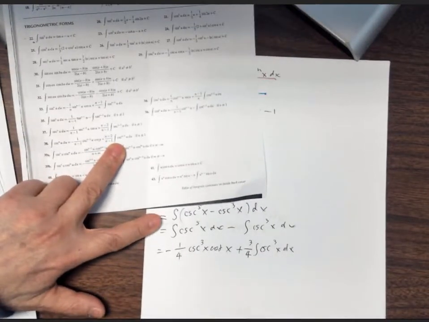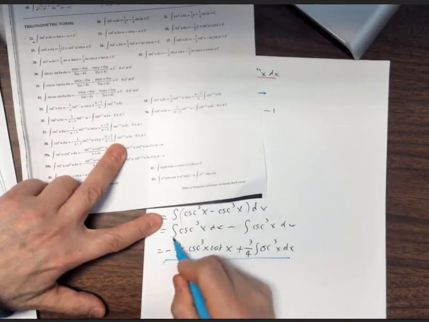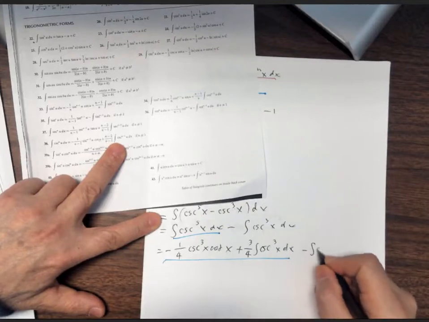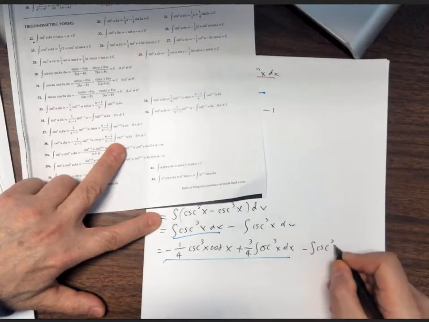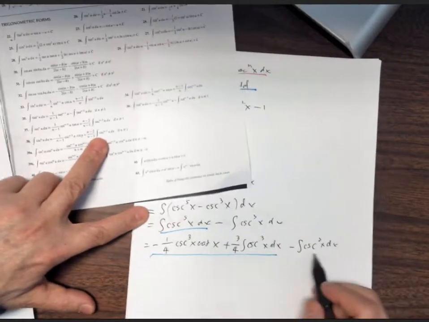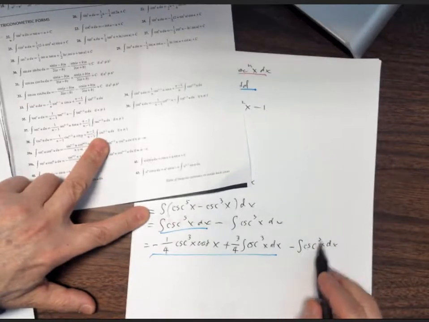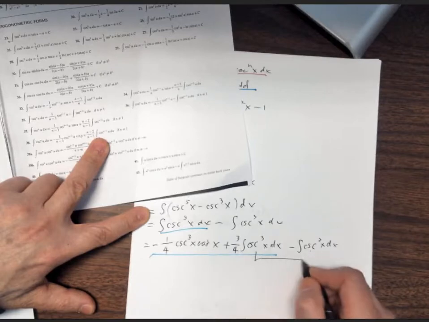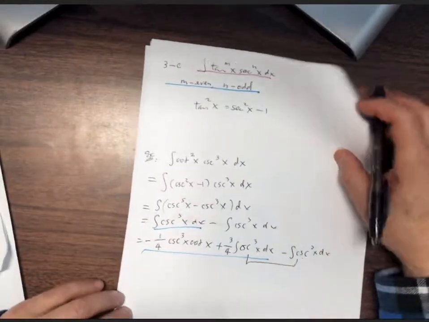Alright, these two are from this integral reduction formula. And there's the integral that was there. You see, integral of a third power of cosecant and another. So we're going to combine these two and take it off at the same time.